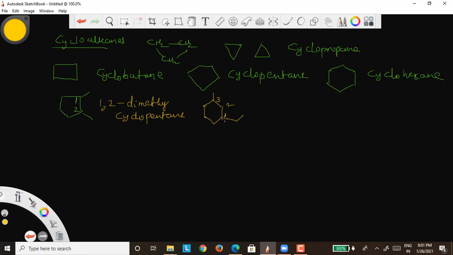You cannot start 1, 2, 3 like this. So one should be given to the ethyl group. The ethyl group consists of two carbons, so more carbons should be given the lowest number. This is the rule. So one ethyl, three methyl, cyclohexane. Sorry, not hexyl: one ethyl, three methyl, cyclohexane.